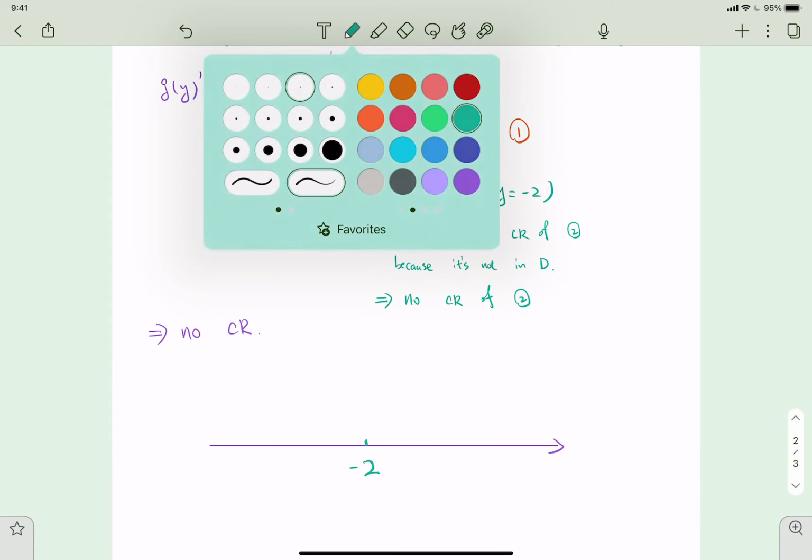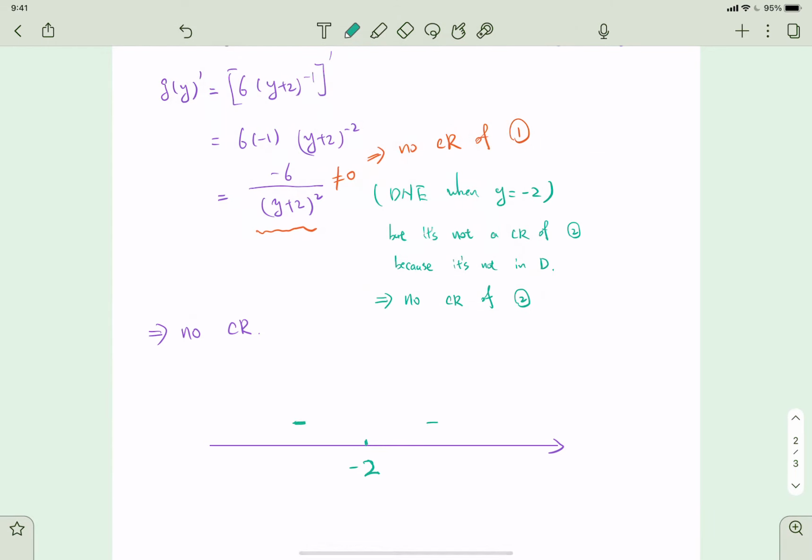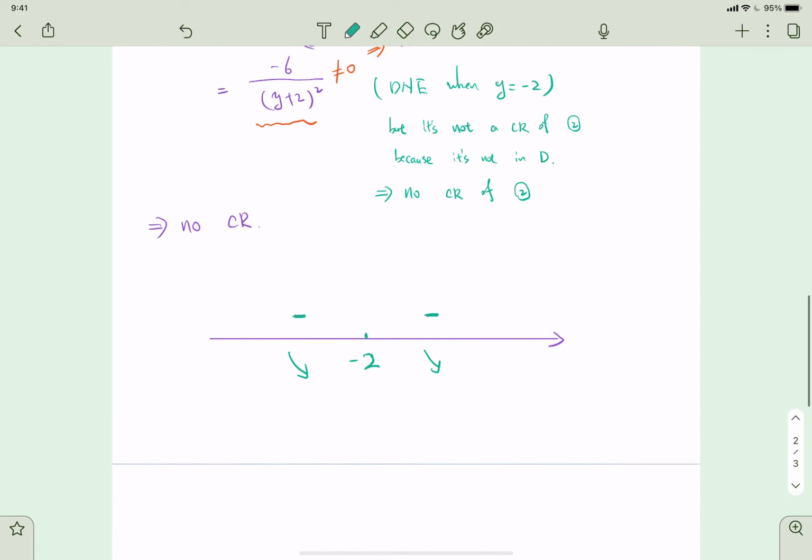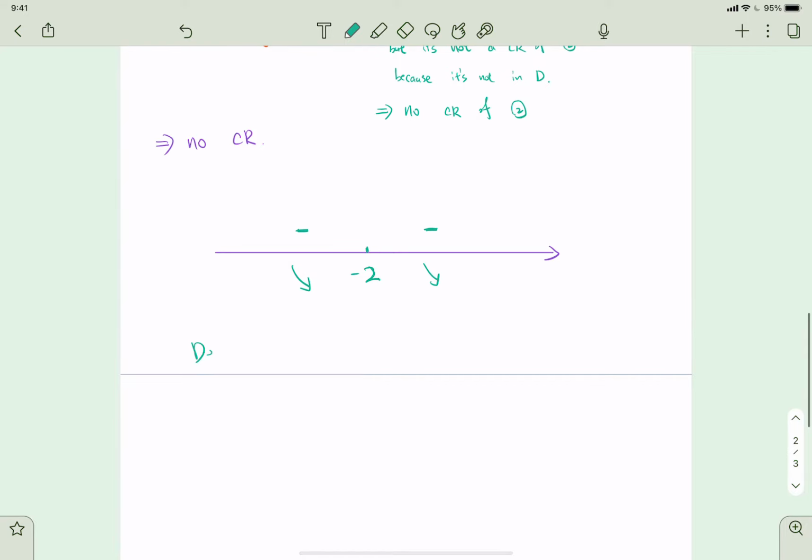Negative sign here, negative sign here, which means it's decreasing here and decreasing here, right? So it's decreasing on negative infinity to -2 and -2 to positive infinity.